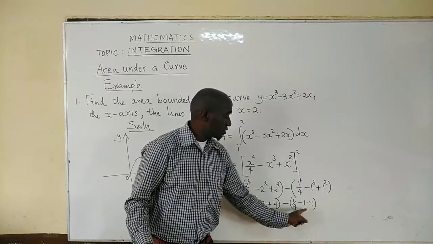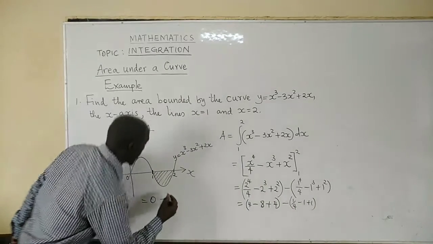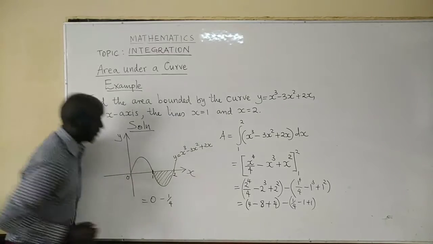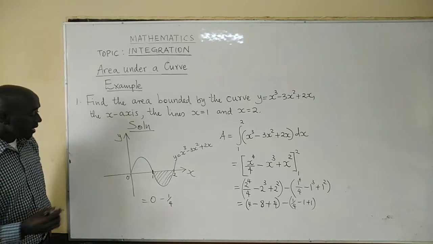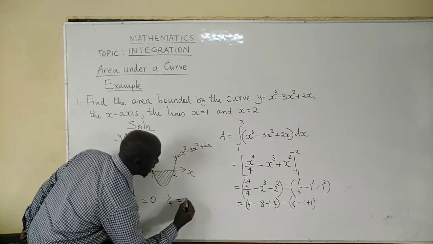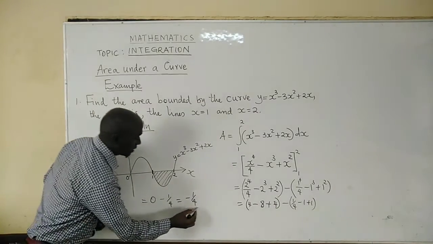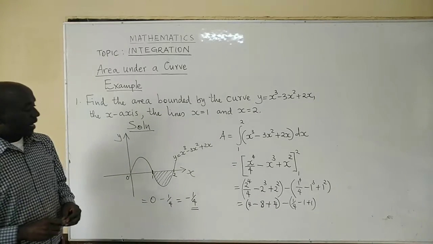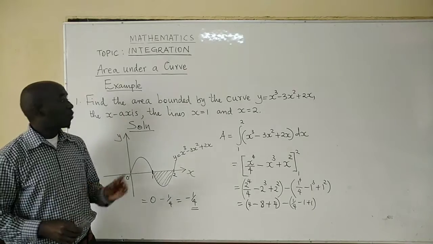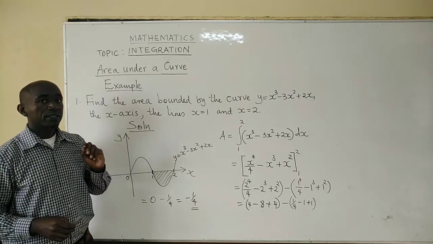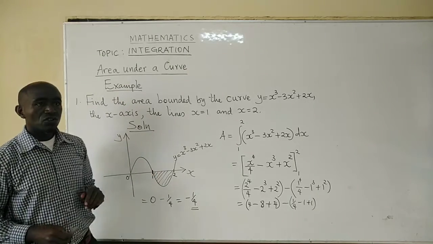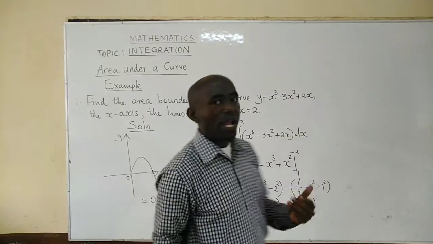Minus 1 plus 1 is 0, so we will remain with a quarter. 0 minus a quarter is negative a quarter. So that is the answer, that is the integral. And remember, we are dealing with area. This area. So why are we getting a negative?